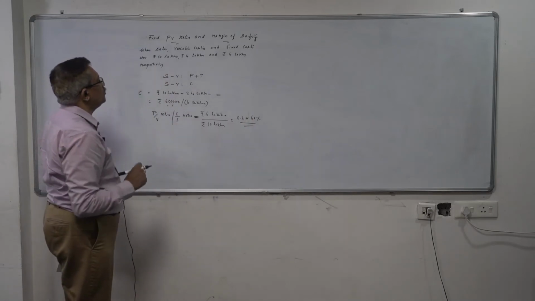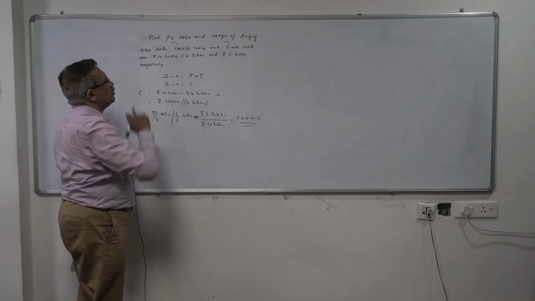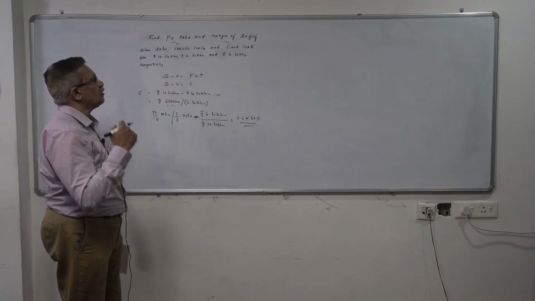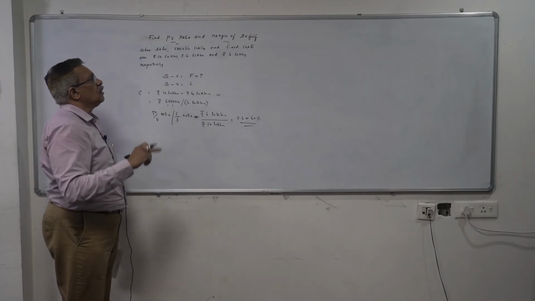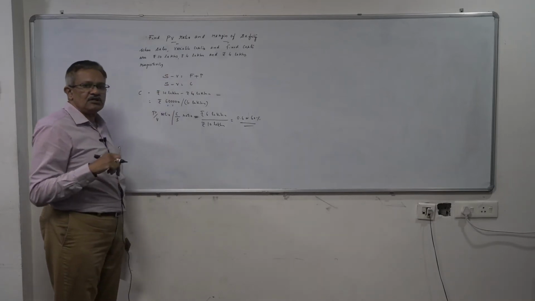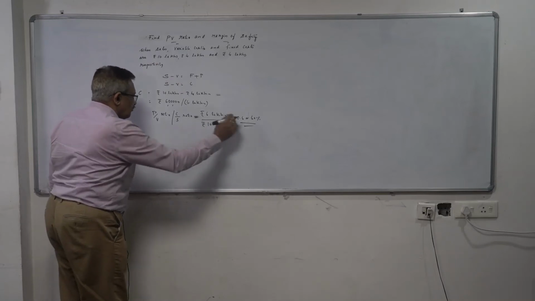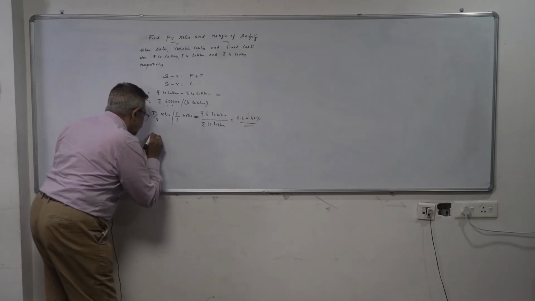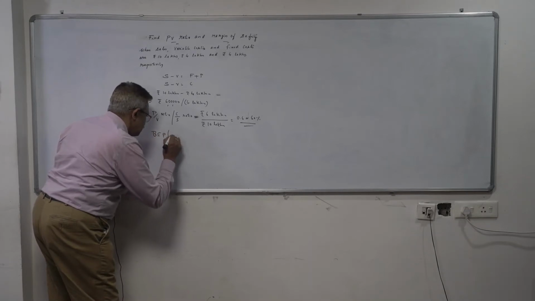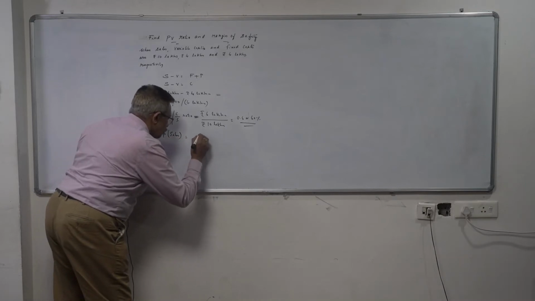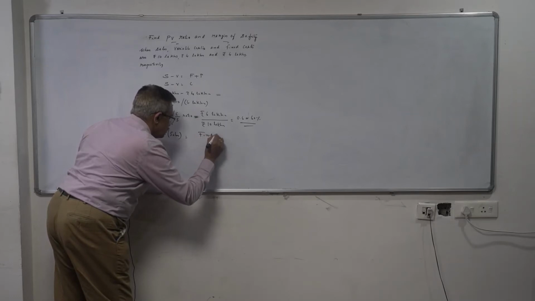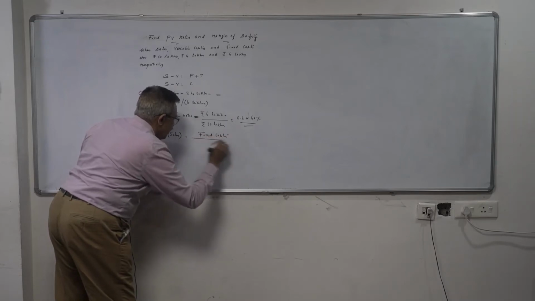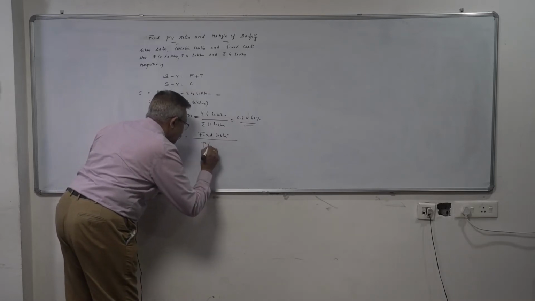Why did we want to find this out? Because we wanted to find out the other two things. One is the break-even point, through which we will be in a position to find out the margin of safety. So after finding this, we can find out the break-even point in sales through the formula which we know as fixed costs divided by the PV ratio.